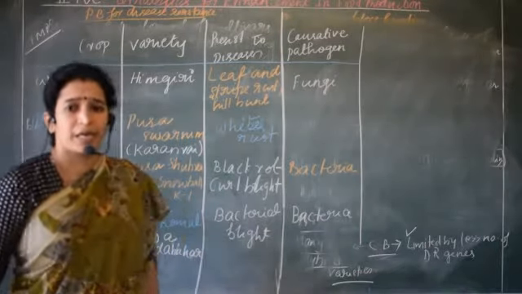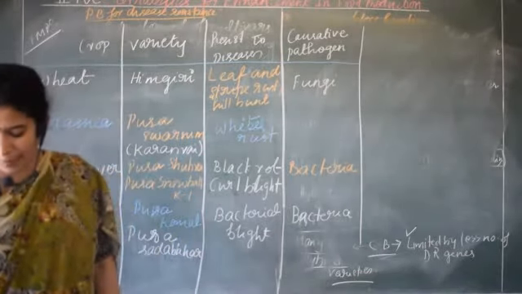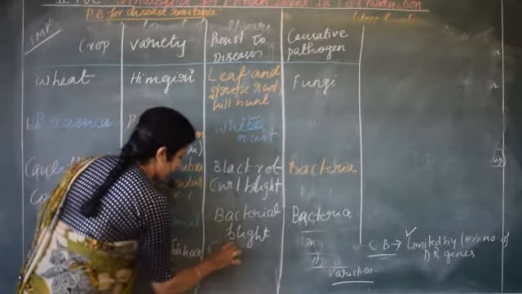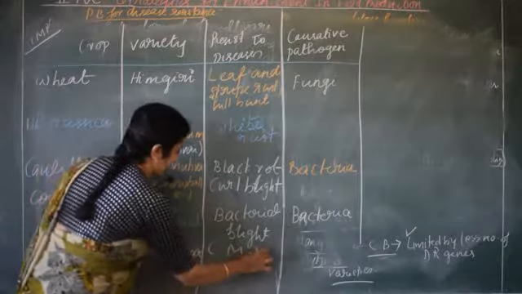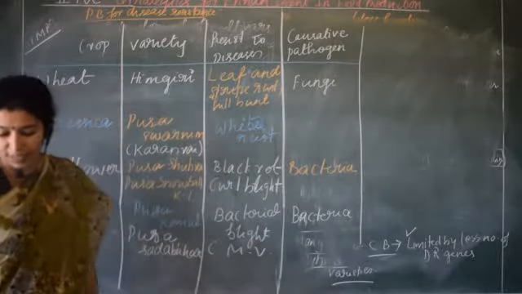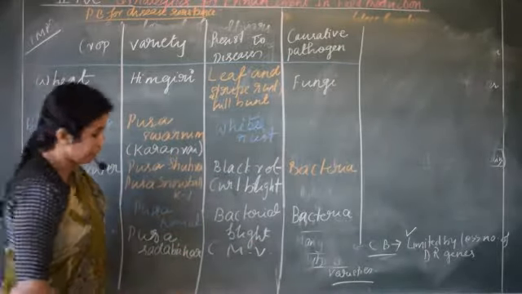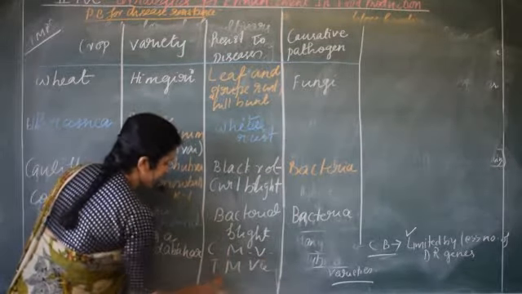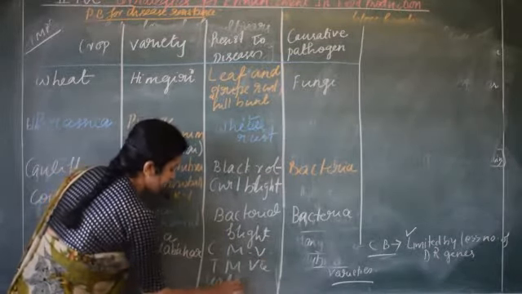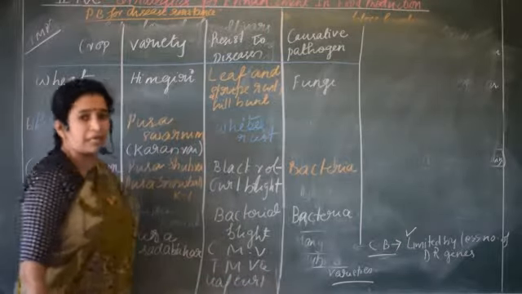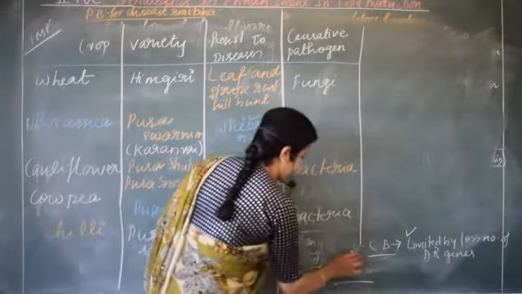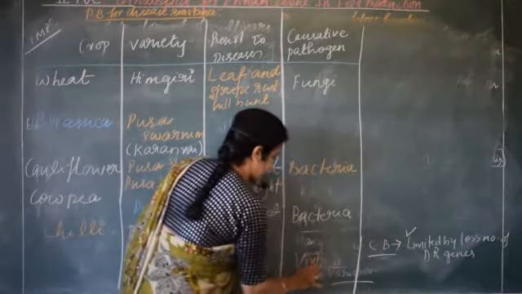Pusa Sadabahar is resistant to chili mosaic virus, tobacco mosaic virus and leaf curl. I am writing in short form. All these diseases can be resisted by this variety, and the causative agent is a virus.